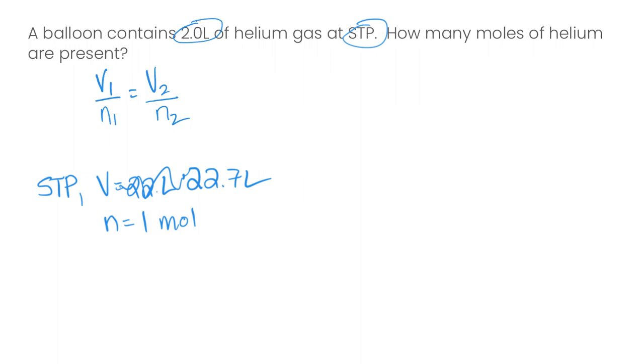These would then be V1 and N1. We want to know how many moles we have at 2.0 liters.